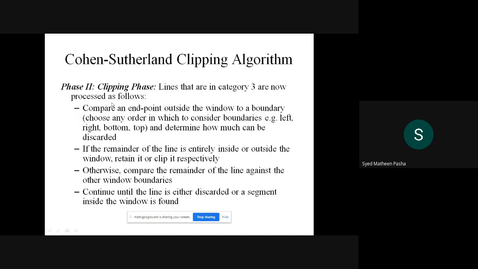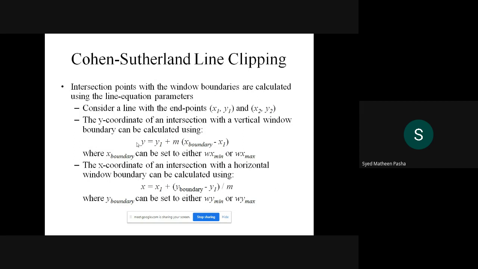How the clipping is done: basically, comparison is done with respect to the points. That is phase 2, the clipping phase. Then what if the line has intersections?